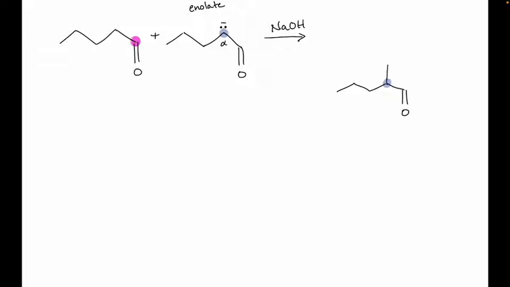Draw that in. I'm going to put an OH group on that carbonyl carbon. That was formerly my carbonyl oxygen, becomes an alcohol. And then I need to make sure to draw in the remaining 1, 2, 3, 4 carbons.